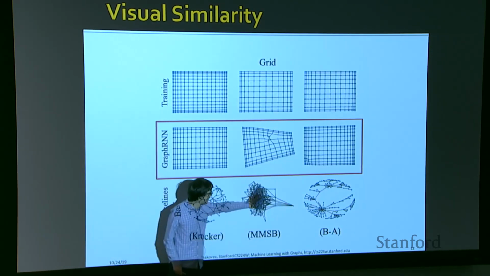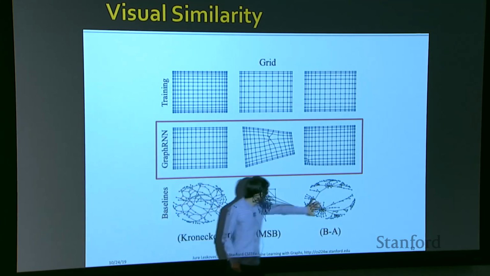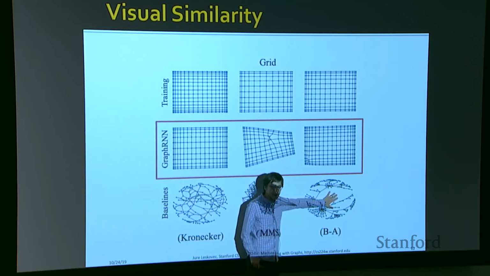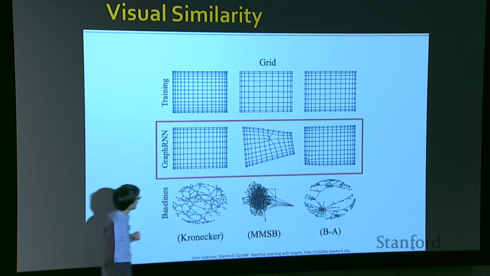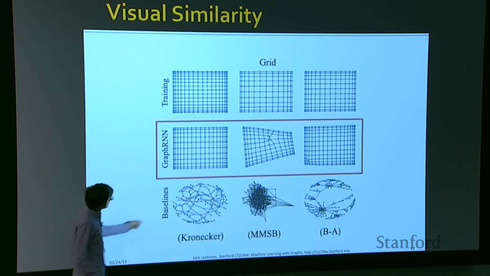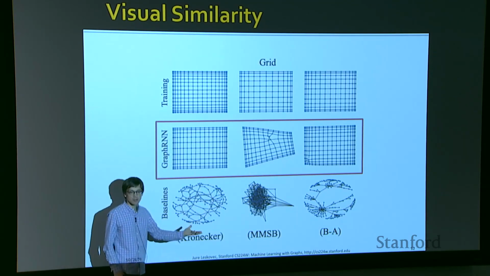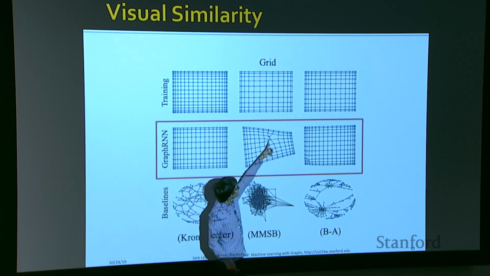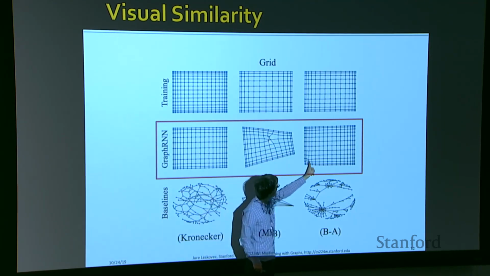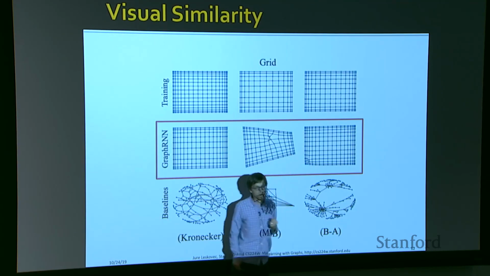This is a kind of statistical machine learning model. This is a very mechanistic graph generation model, almost like the small world model. And you see that none of them can generate a grid, right? We are able to generate the grid because the process is stochastic. Notice here we make one mistake, but we generate the grid.